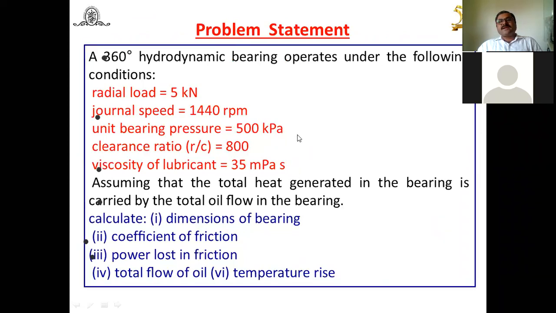Instead of giving the lubricant viscosity, they may provide you a chart in which in one row or one column you will find the temperature and in the other the viscosity. And first of all, you have to decide which viscosity and which temperature is applicable to the bearing. Accordingly, you can do trial and error using those values while designing the bearings also.